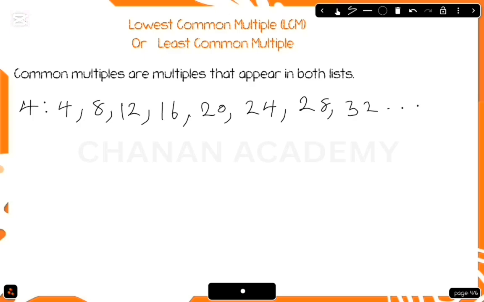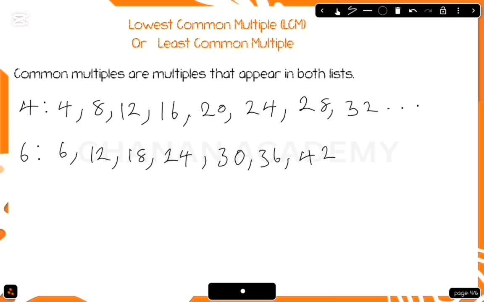We also have 6. What are the multiples of 6? We have 6, 12, 18, 24, 36, 42, 48.